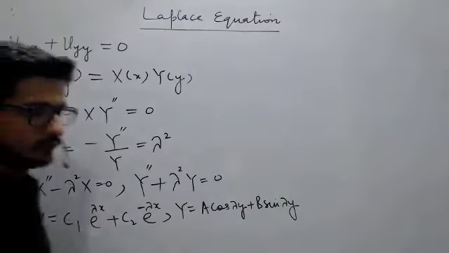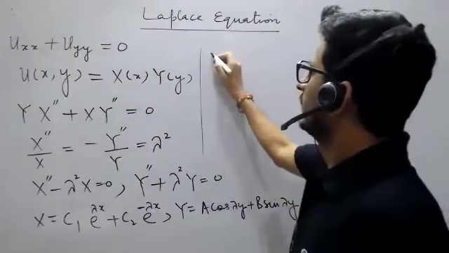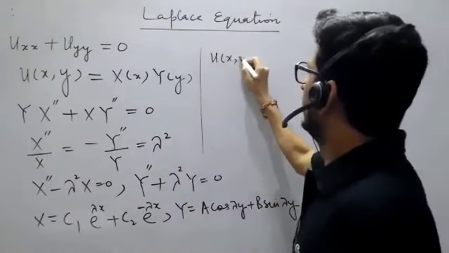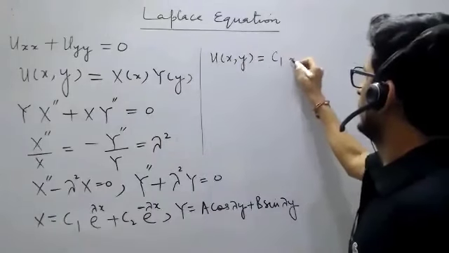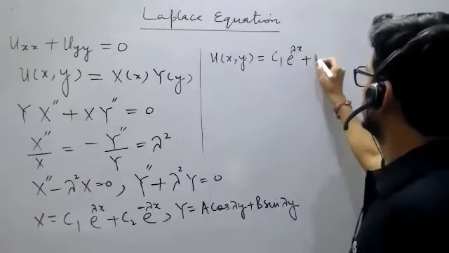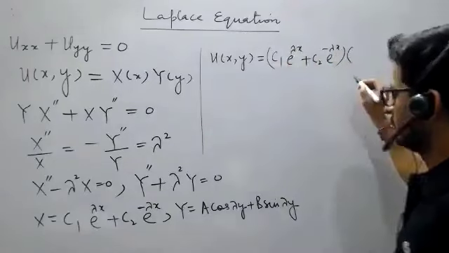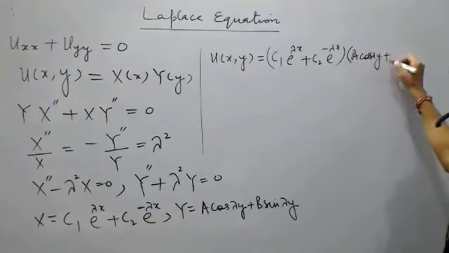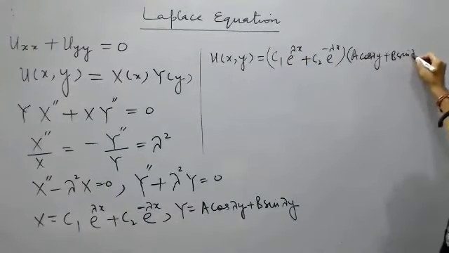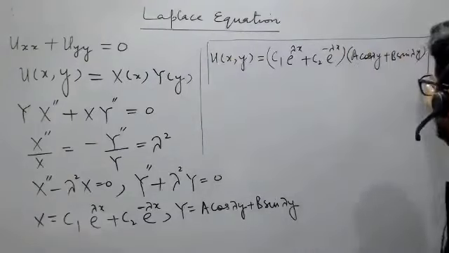So these are the two solutions, and now comfortably you can write u(x,y) is equal to (c1 e to the power lambda x plus c2 e to the power minus lambda x) into (a cos lambda y plus b sine lambda y). So this is the solution of the Laplace equation.